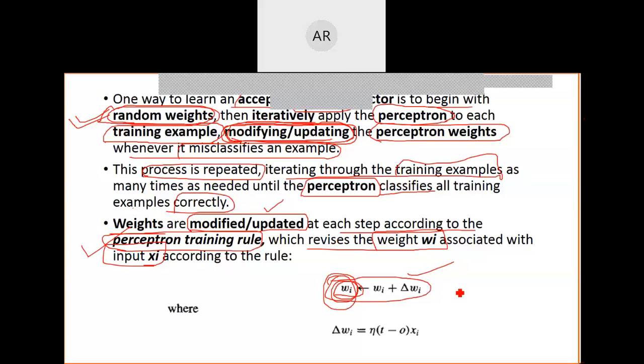Kaveri, Kavita, Komal, Mahadevi, Netra, Present, sir. Priyanka, Rohini, Present, sir. Sakshi, Present, sir.